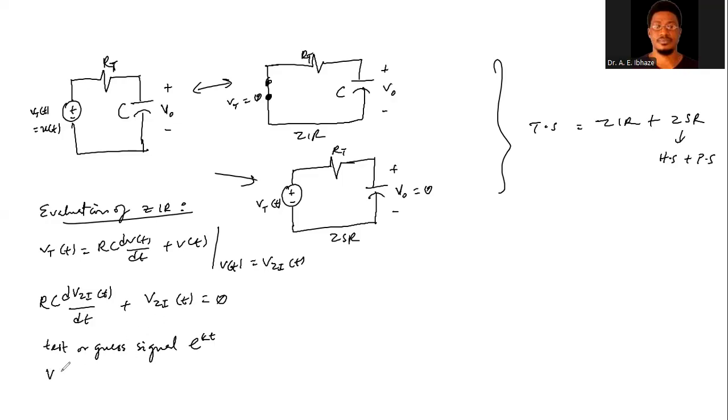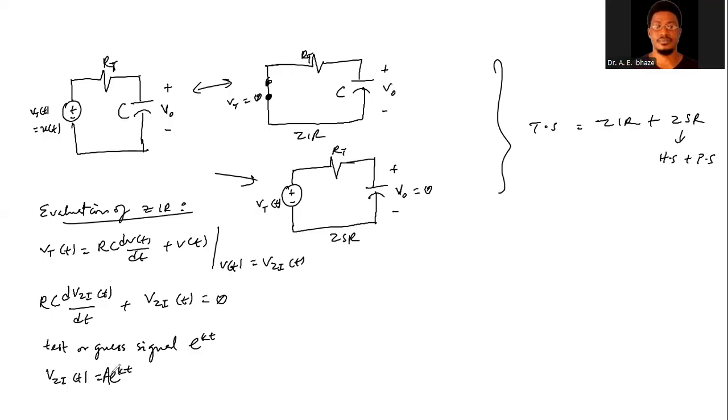Now, if VZI(t) is the same as e^(kt), for instance, and we feed this into a system as a test signal, then VZI(t) could be assumed to be, say, A e^(kt).